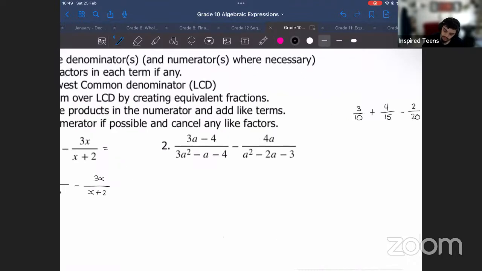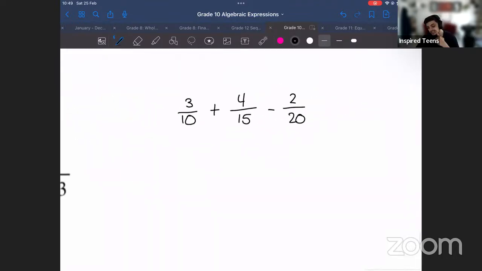Sorry, it needs to be not a factor. It needs to be a multiple of each number.